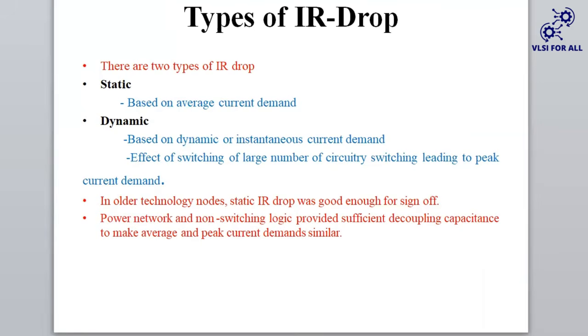Dynamic power dissipation depends completely on the switching activity of the transistors. In older technology, static IR drop was good enough for sign-off. The power network and non-switching logic provided sufficient decoupling capacitance to make average and peak current demands similar.